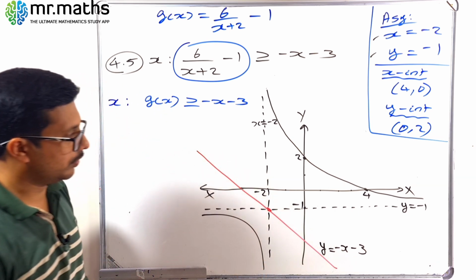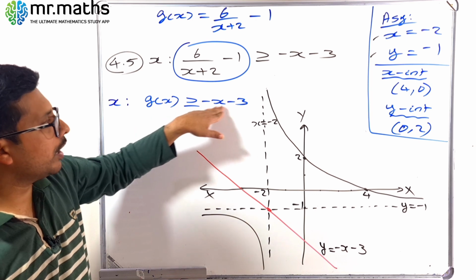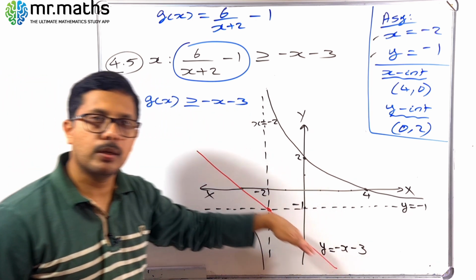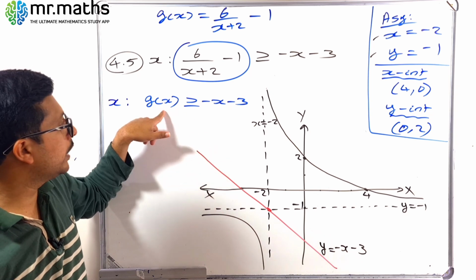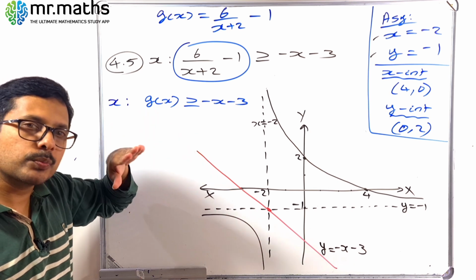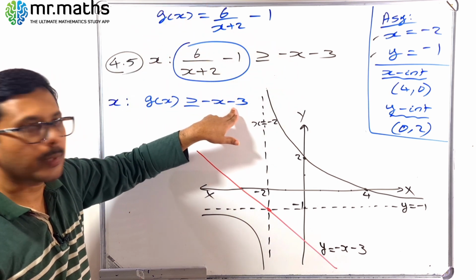Here g of x is greater than or equal to minus x minus 3. This red line is minus x minus 3. g of x greater than means the g of x graph must be on top of minus x minus 3.